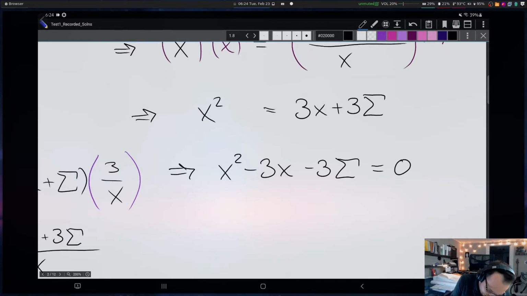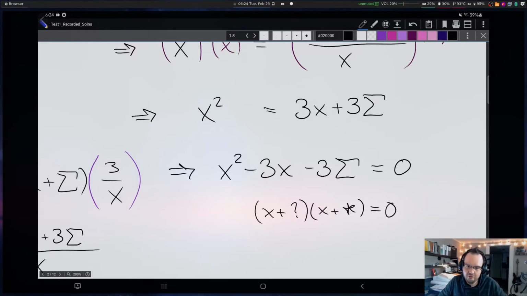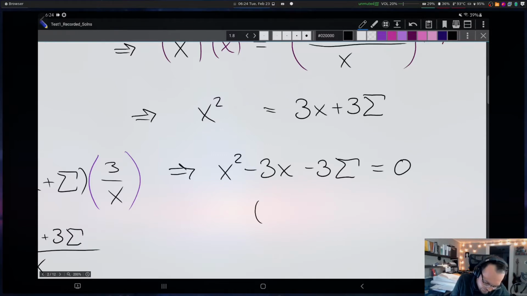Maybe I could get this as something that looks like x plus question mark squared equals 0. That would be pretty nice. Or if it was x plus question mark multiplied by x plus some star equals 0, that would be pretty nice too, because then I could just read off what the roots are. But in this case, I don't see an easy way to do that.